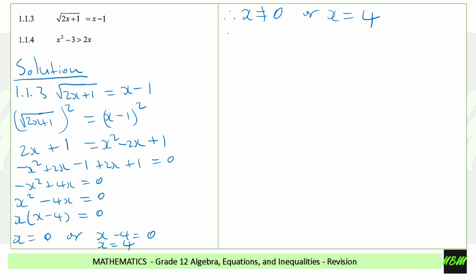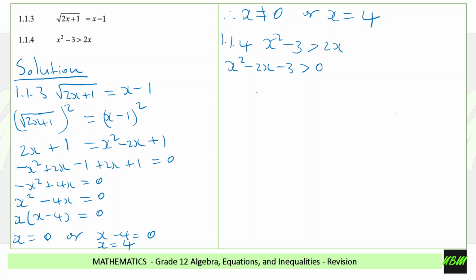Alright, now on question 1.1.4, we have the quadratic inequality x squared minus 3 is greater than 2x. So first step, let us write our inequality in standard form: x squared minus 2x minus 3 greater than 0.